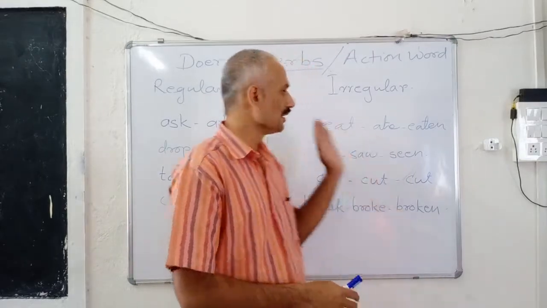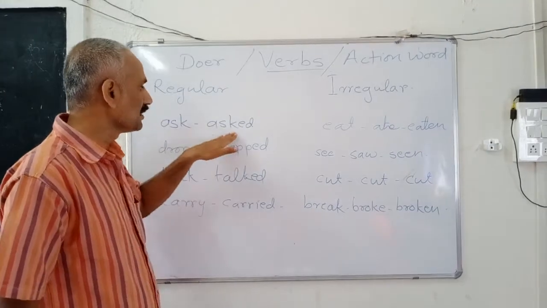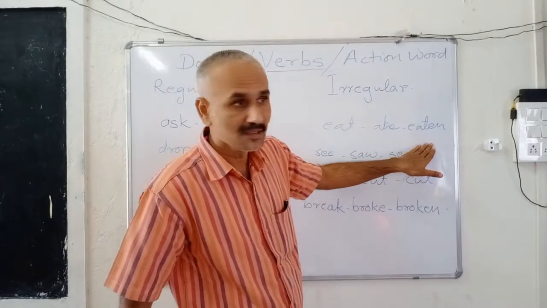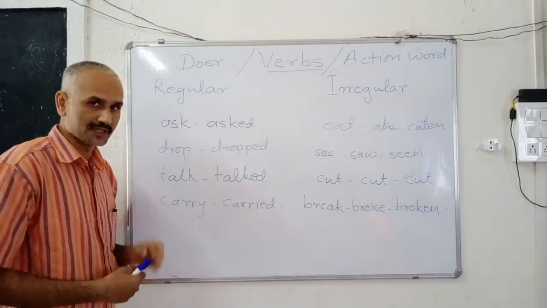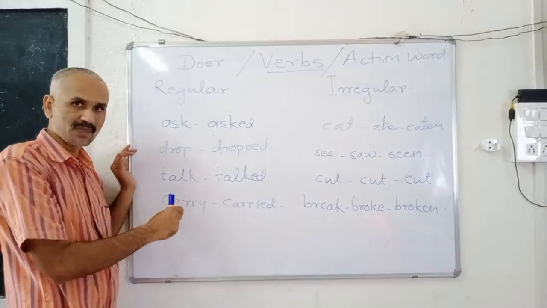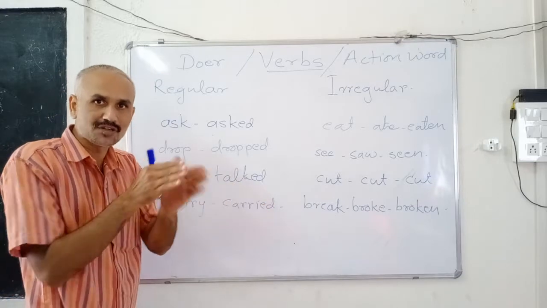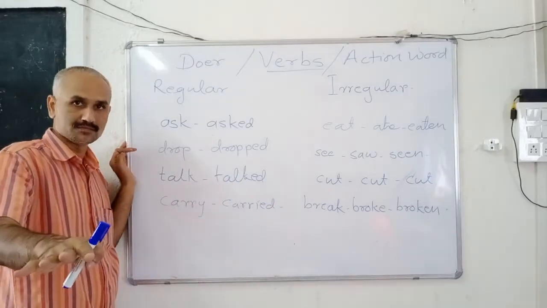For example, here I have given you some words: ask, asked, eat, ate, eaten. Here we have to observe that ask is the base word, which we cannot divide or split further. However, we can modify the word.